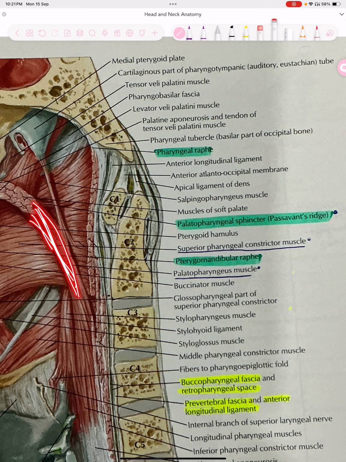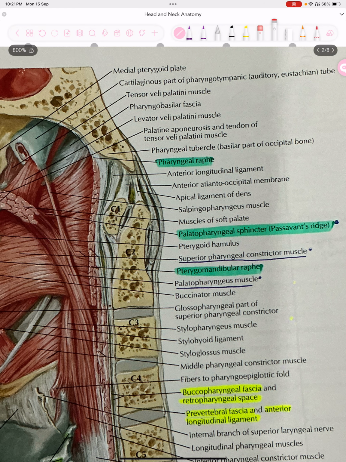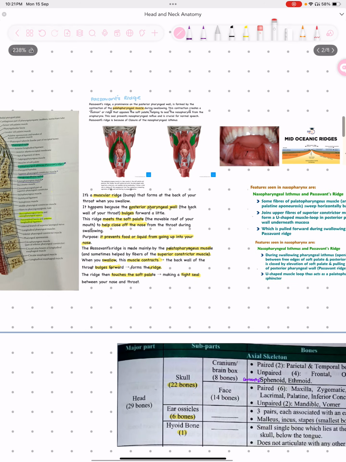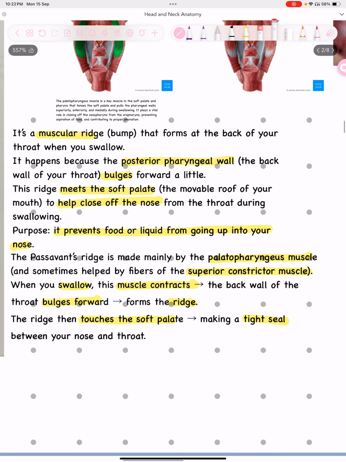From this palatopharyngeus muscle, there are some fibers that basically go backwards and attach to the posterior wall. Now, when you are swallowing or doing deglutition, these muscles contract, and when they contract, the back wall bulges forward.